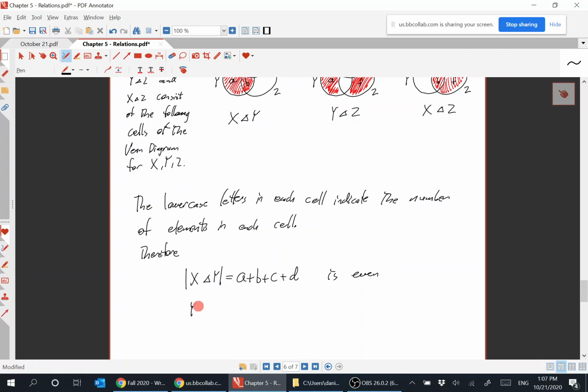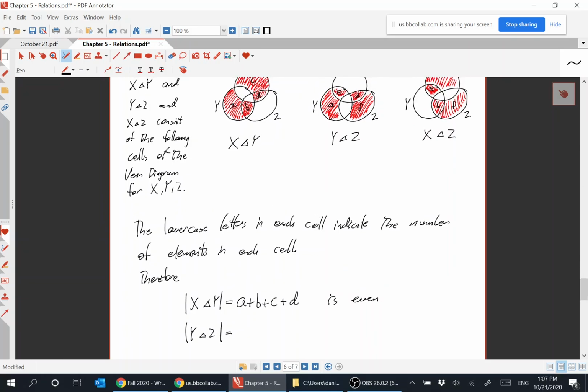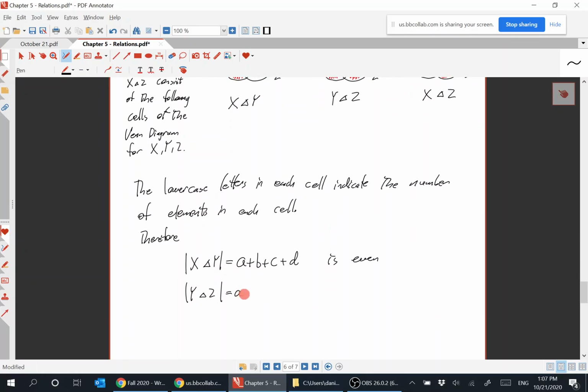And then Y symmetric difference Z, which is equal to A plus D plus E plus F, is even.